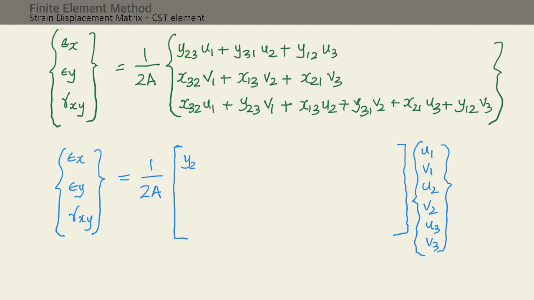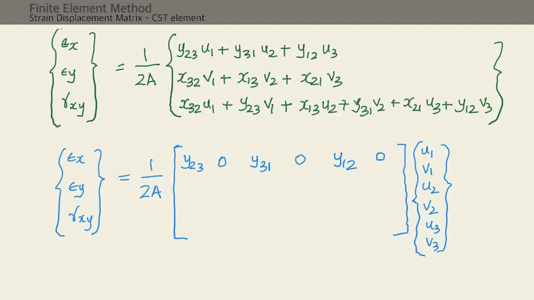Coefficient of v1, there is no v1 here, therefore it is 0. Then the coefficient of u2 is y31, and the coefficient of v2, since there is no v2, is 0. Then the coefficient of u3 is y12, and finally there is no v3 in the equation, so the coefficient is 0.